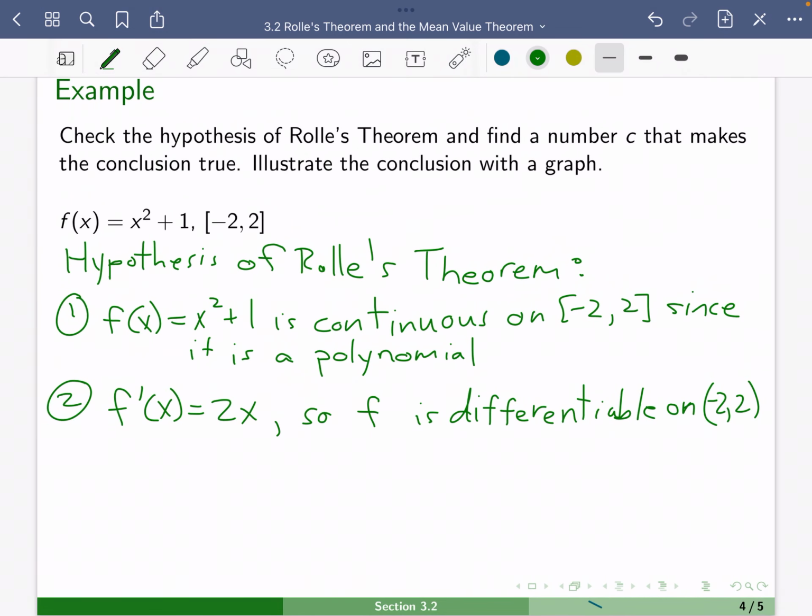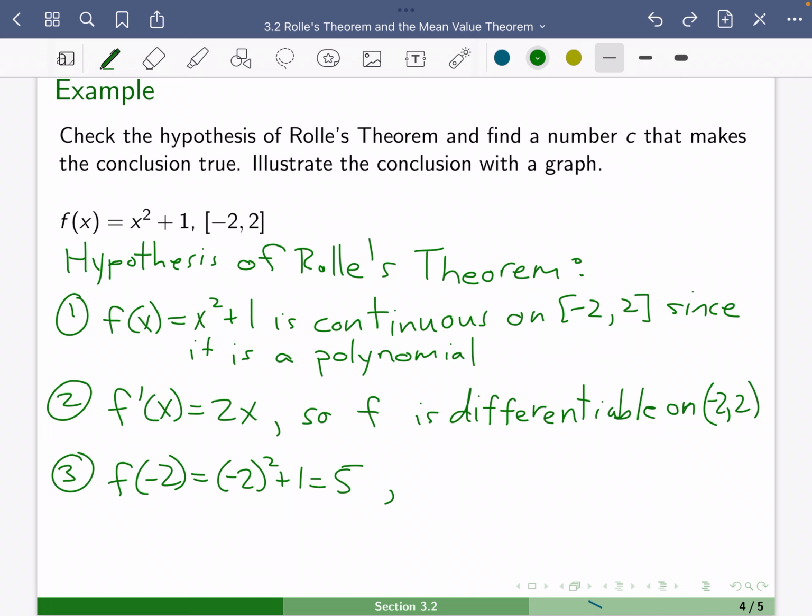And then the third thing that we need to have happen is we need to look at the function value at the two endpoints. So our function value at -2, if we plug -2 in, we have -2 squared plus 1, which is 5.